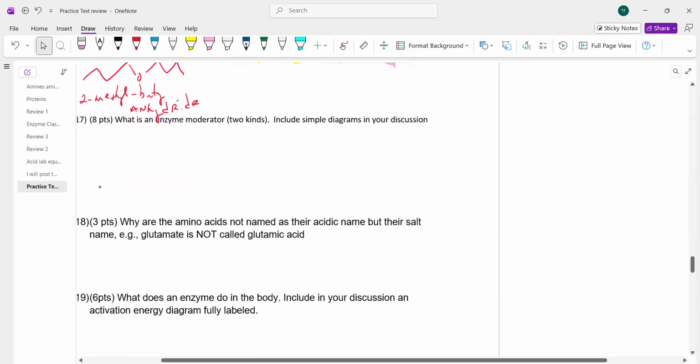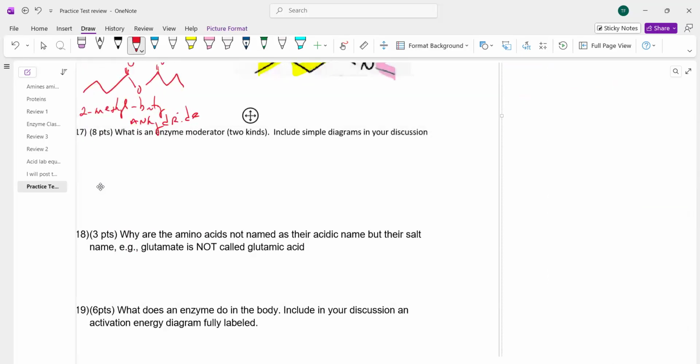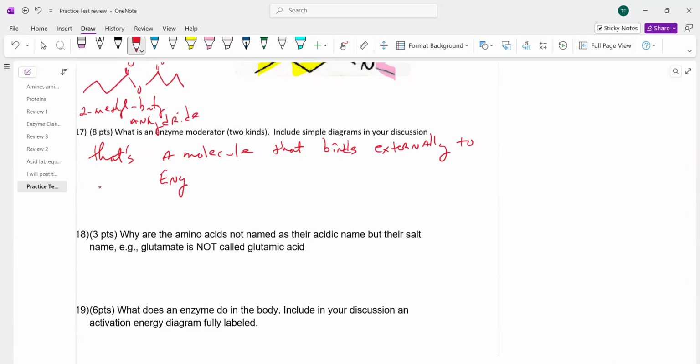Okay, enzyme modulator. That's a molecule that binds externally to the enzyme, but not in it.